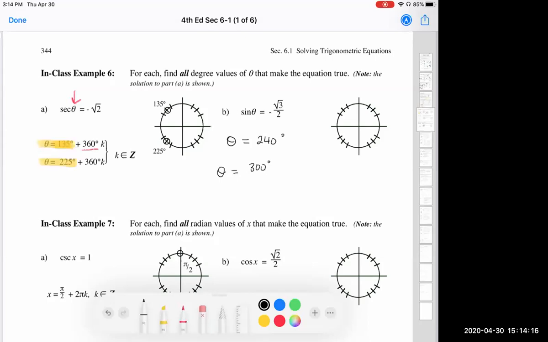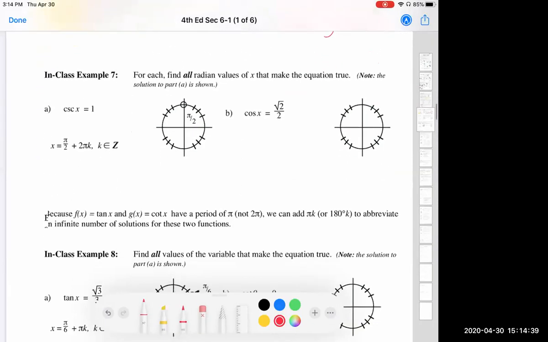But because we want all of the answers that could ever exist, we have to add this extra part: plus 360k, where k is contained in Z. And Z means all integers, so all whole numbers, negative, positive, and 0.